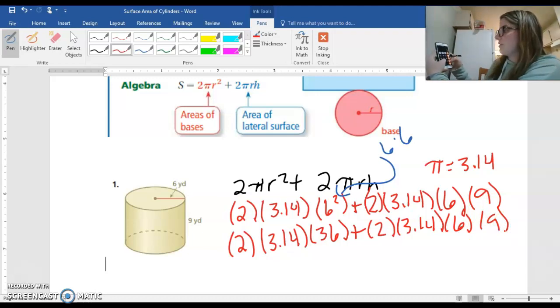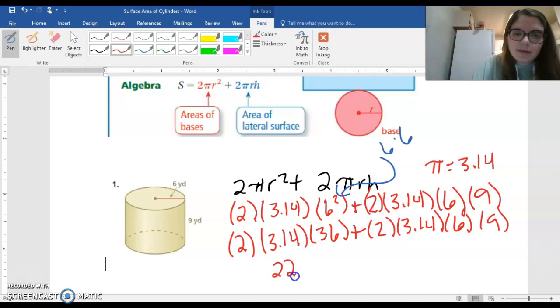So I'm going to take 2 times 3.14 times 36, and you get 226.08.